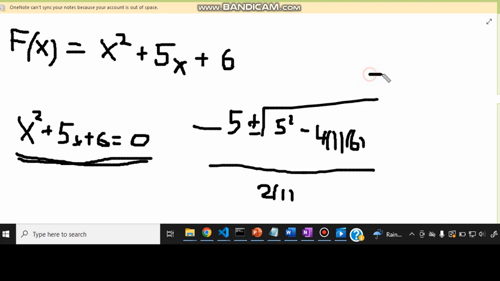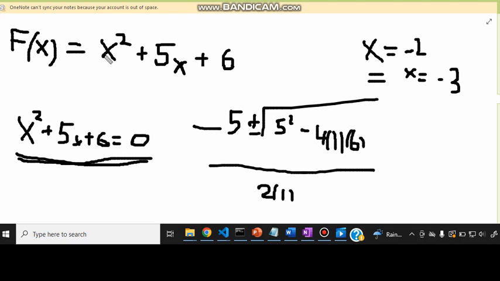Okay, and the answer to that then is x is equal to minus 2, or x is equal to minus 3. And that is your answer there, okay?